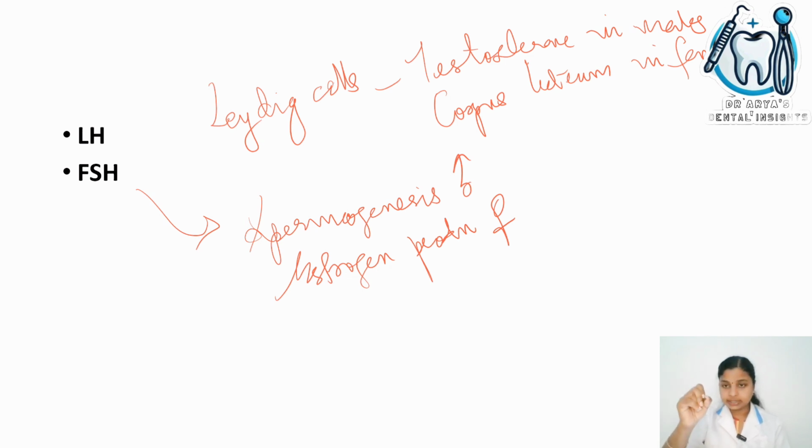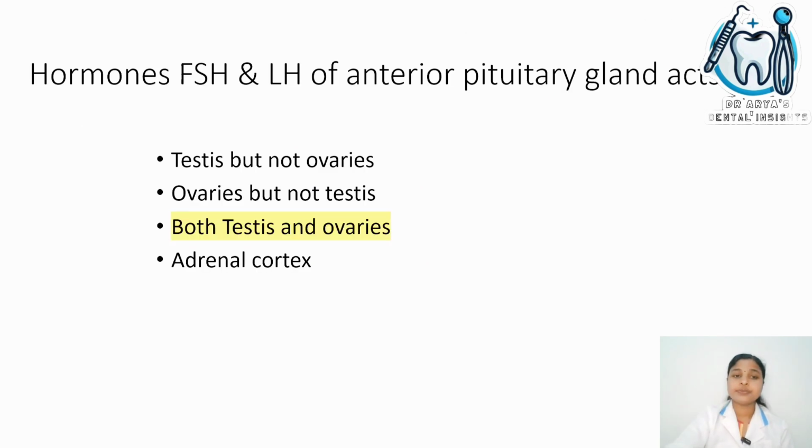LH stimulates Leydig cells and formation of testosterone in males and corpus luteum in females. And FSH promotes spermiogenesis in males and estrogen production in females. So both hormones, FSH and LH, act on both testes and ovaries. Okay.